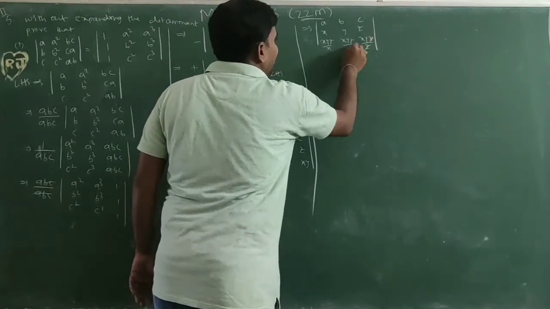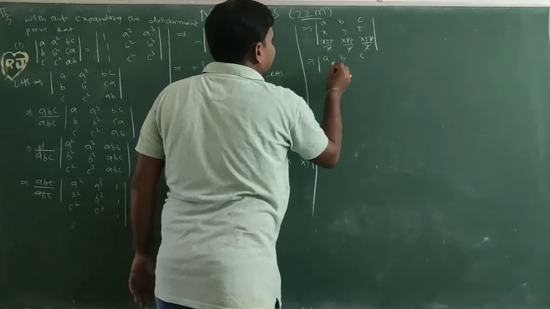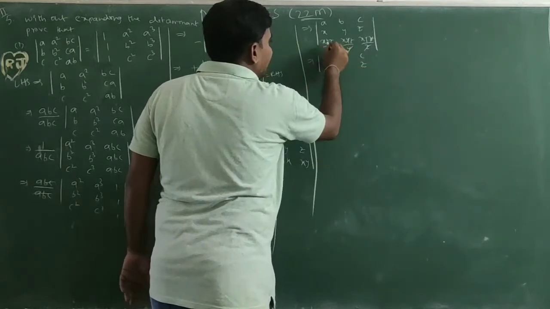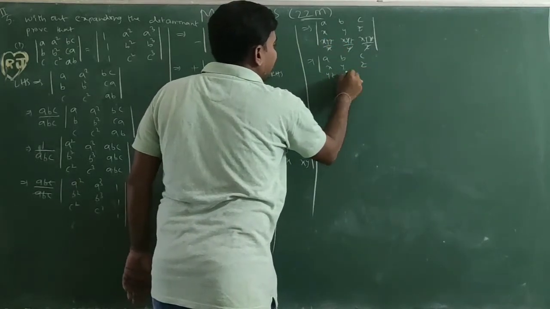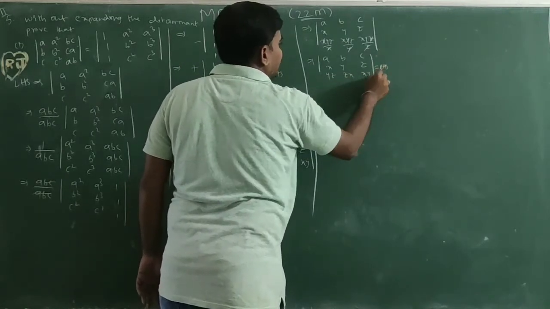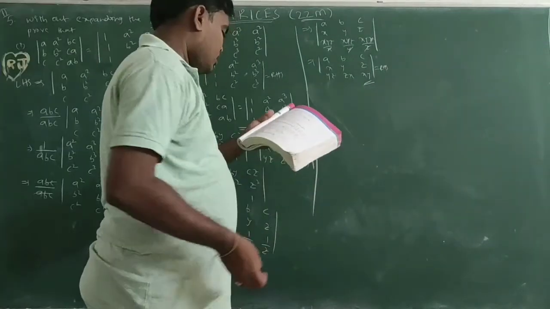Z cancels, y cancels, x cancels, giving A, B, C. Next x, y, z. Next yz, zx, xy. So this is equal to the RHS. This is the required proof. Next, the third one.